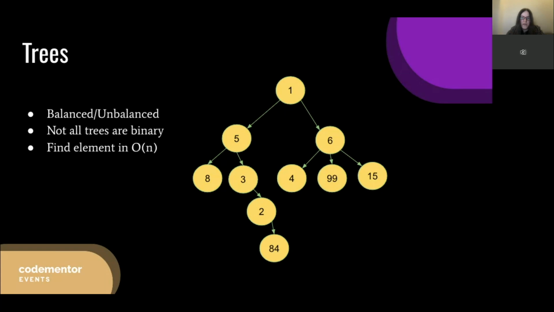Just to remind you, a balanced tree is a tree structure where the difference in the distance from one leaf to the root and any other leaf is no more than 1. And it is very important for specific tasks. So I would say, do not assume by default that your tree is balanced if it's not stated in the question, and do not assume by default that your tree is binary, because it might not be.